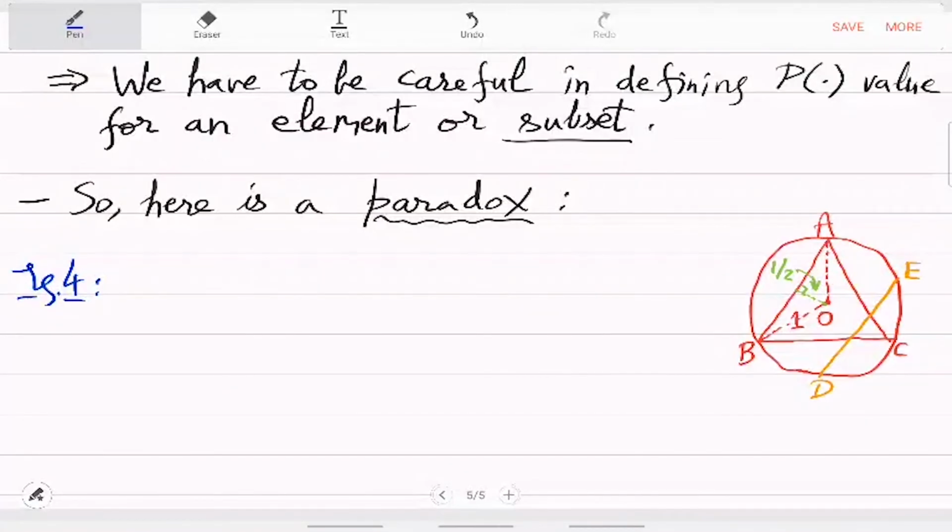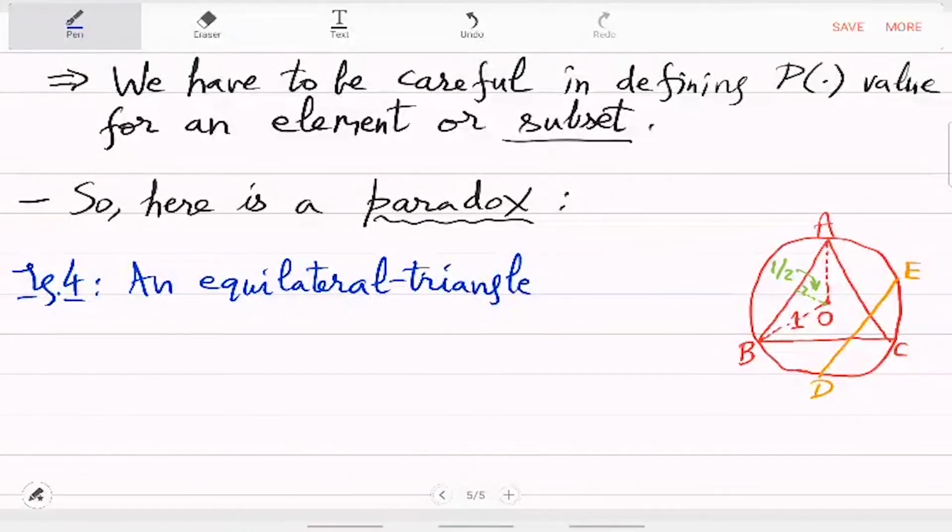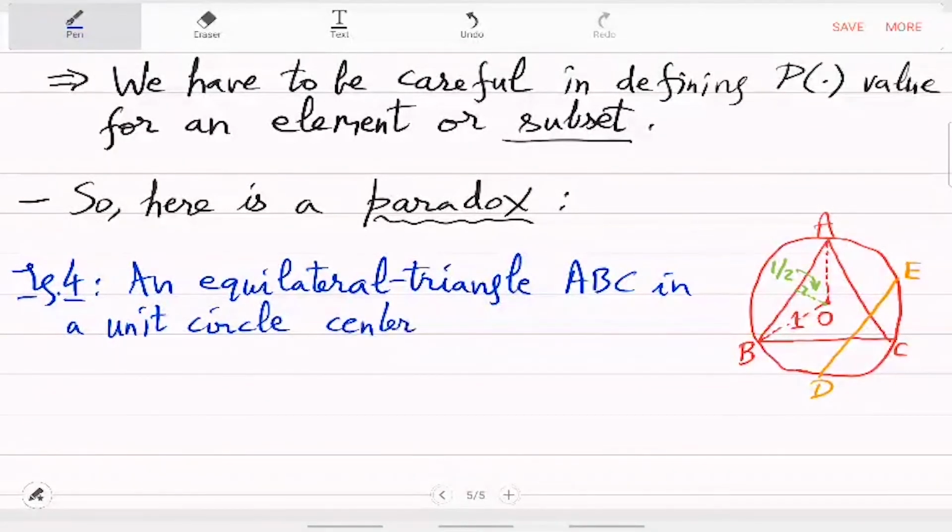Okay, we will actually compute probabilities now of this event. An equilateral triangle ABC in a unit circle centered at O. Draw a random chord.